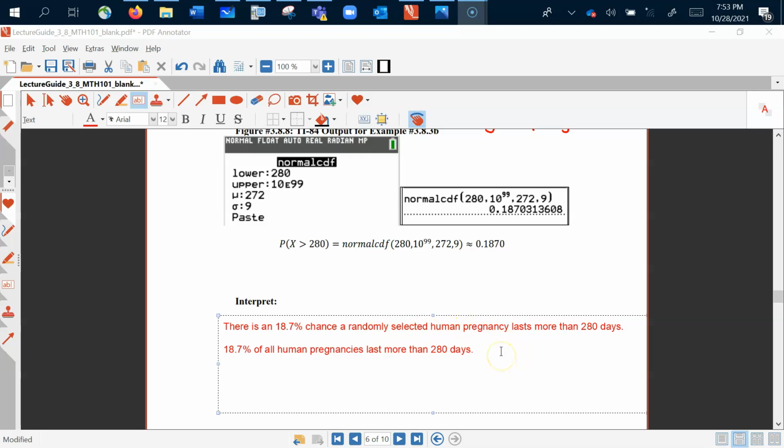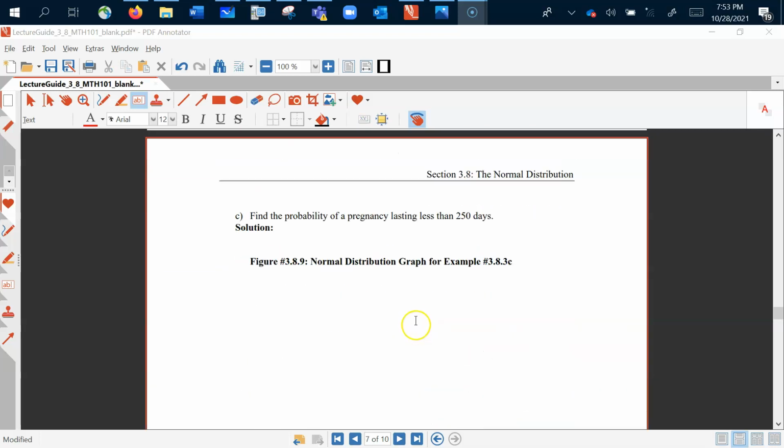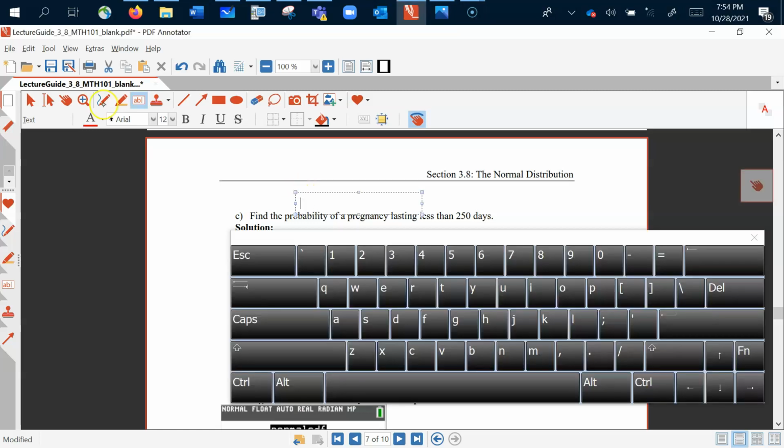All right, so let's go on to the next part. Find the probability of a pregnancy lasting less than 250 days. So now we're going to, again, write this in symbols. So P for probability.